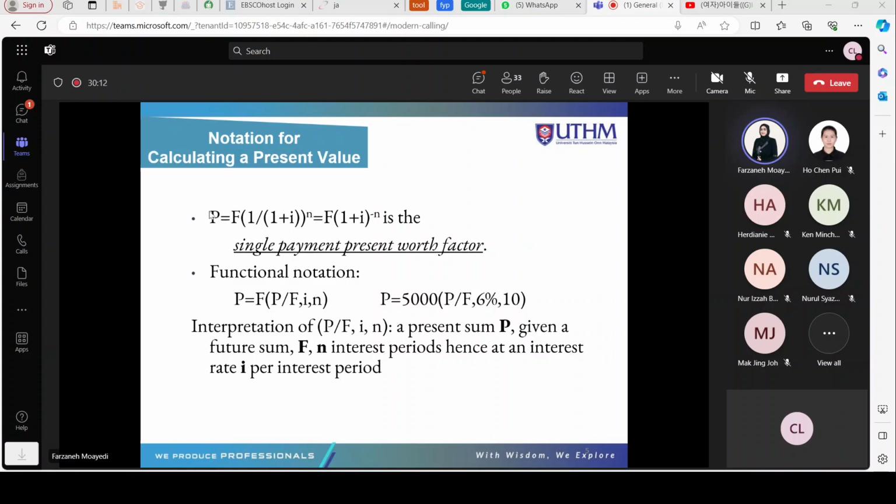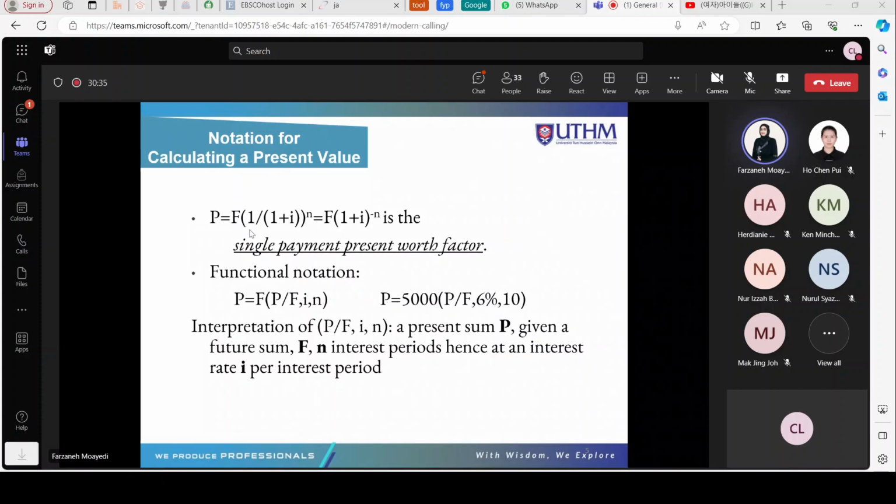This is the formula that you can memorize and later use if you are asked to calculate, for example, the present value. When the present value is the value that is missing, you are definitely going to have the future value.